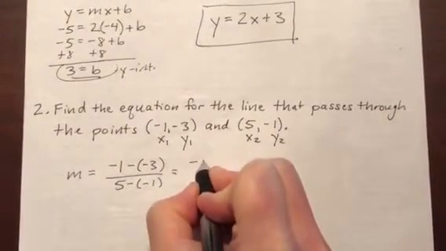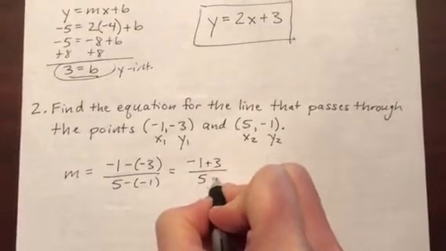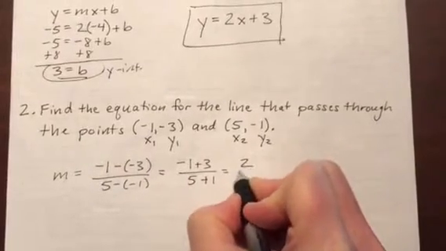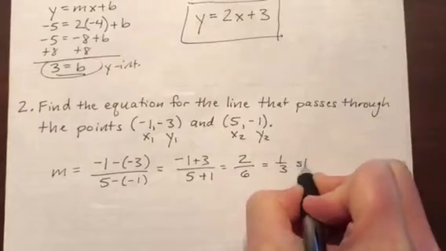So this turns into -1 + 3 and 5 + 1. So this would be 2 over 6, or 1/3 is our slope.